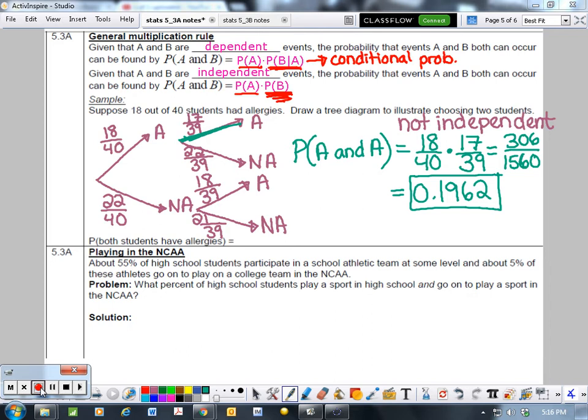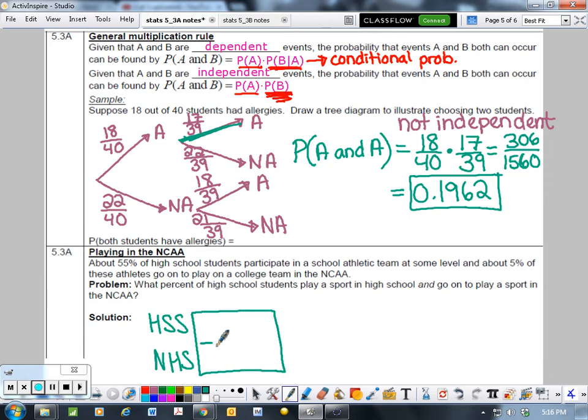So what we're going to do is look at, okay, we have high school sports, no high school sports. So in our high school sports, we have 55% that play high school sports, which means 45% do not.